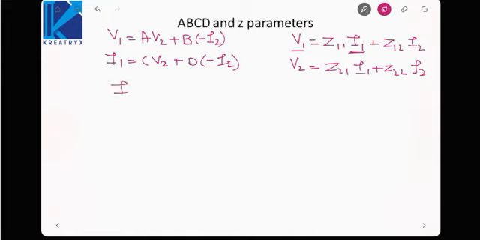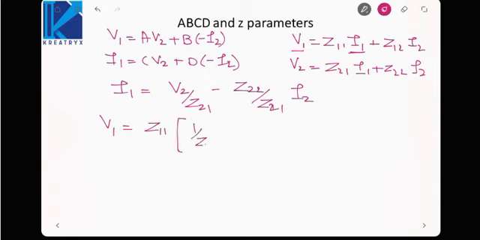So, I1 if we find out from second equation, it will be V2 by Z21 minus Z22 by Z21 I2. Substitute this in first equation, V1 will come out to be Z11 times 1 by Z21 V2 minus Z22 by Z21 I2 plus Z12 I2.